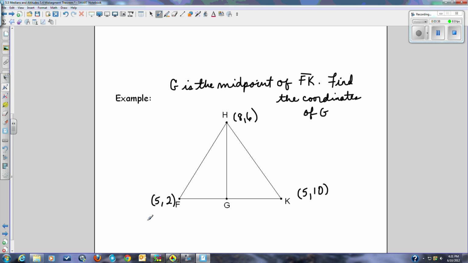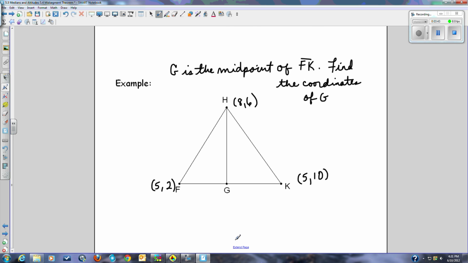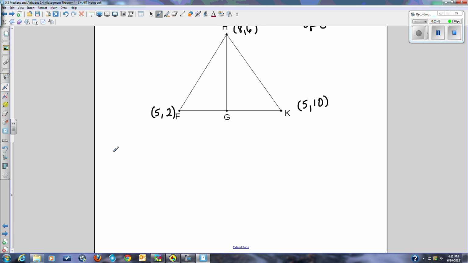Our values for the endpoints of segment FK are 5, 2, and 5, 10. So let's use x1, y1, and x2, y2. Now, this is probably a little bit disoriented, and this is certainly not drawn to scale.